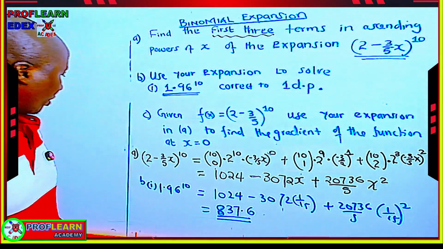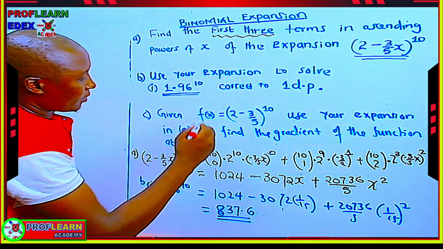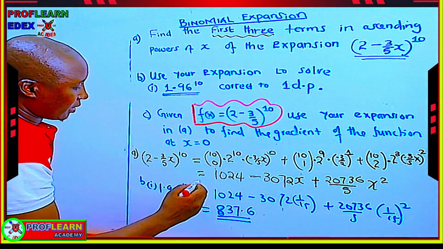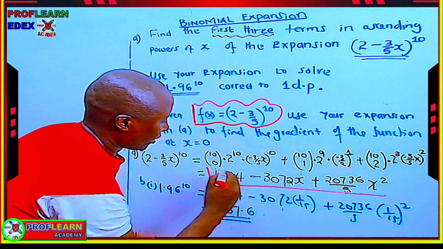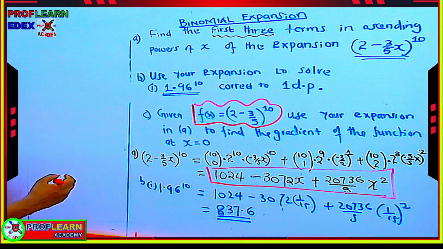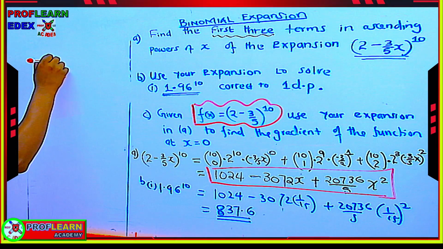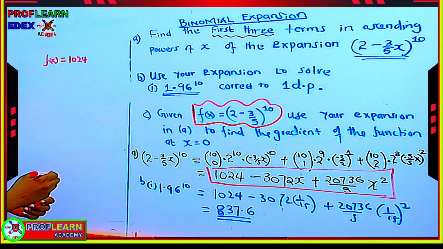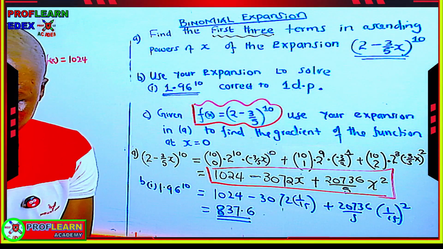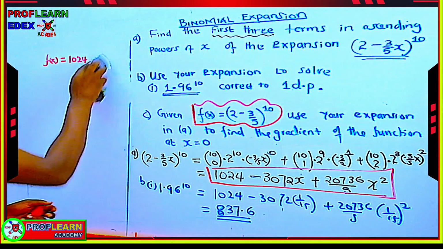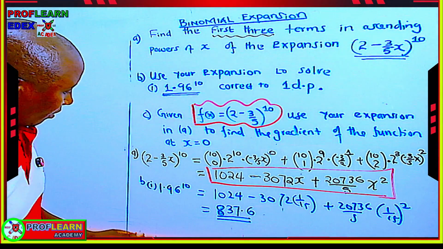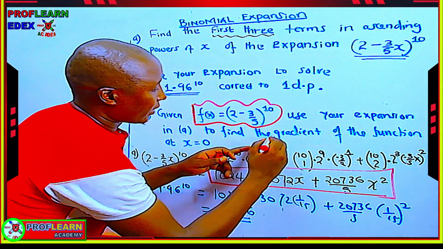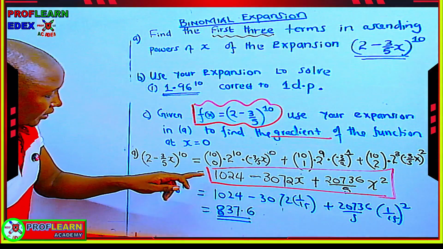In this second question here, in part C, we are told that this is a function. So since we got this expansion here, it means that f of x is equal to 1024 and the rest. Now, since we are supposed to find the gradient, we are going to differentiate this function.